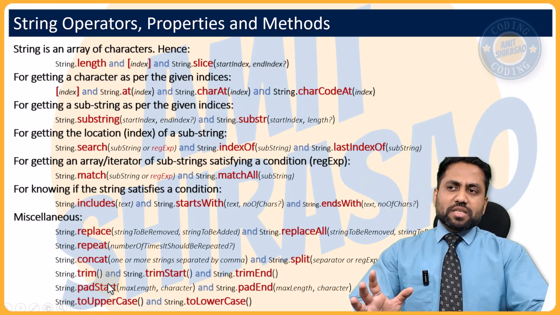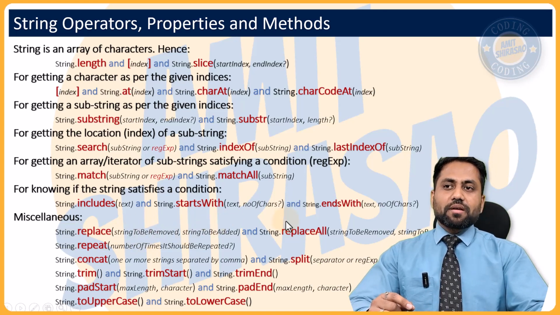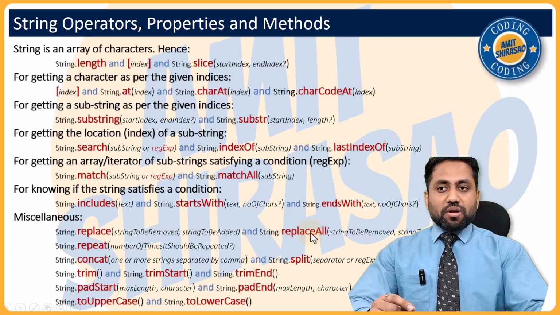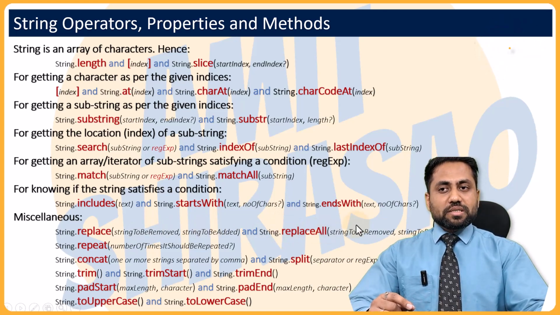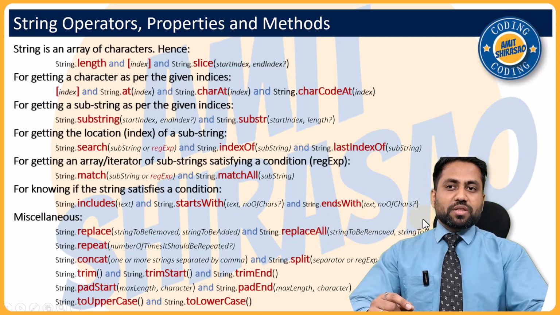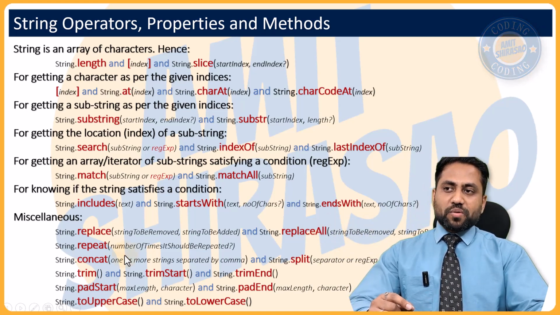And then there are some miscellaneous string methods. replace will replace the first substring by the next substring, but only the first instance. replaceAll will replace all the instances of the first substring with the second substring. Okay.